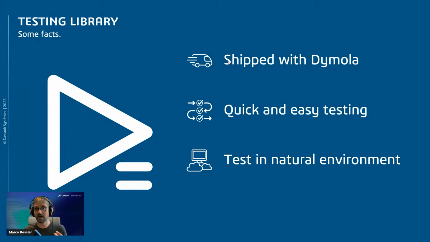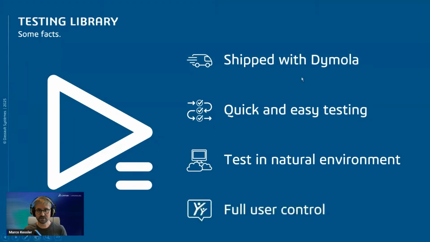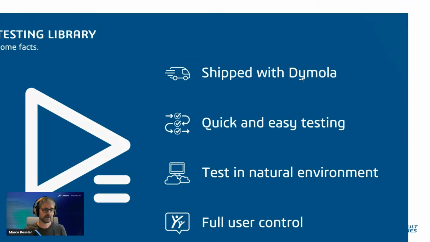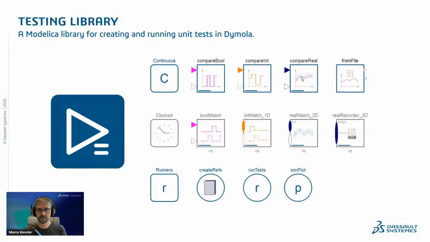Then you might have to update your configurations. But because we do everything inside Dymola, we get that for free. And finally, the library was designed to give users full control. Users can decide which are the important signals, which methods do we want to test, and what are the allowed tolerances.